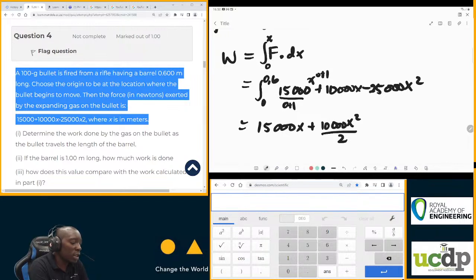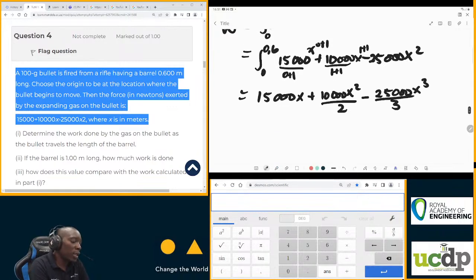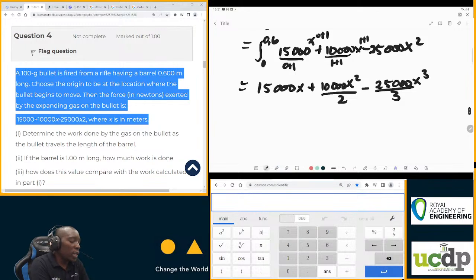So this is 15,000x. We do the same with x to the 1: we add 1 to the power and divide by the new power, 1 plus 1, so we get x to the 2 over 2. Then subtract 25,000 x to the 2 plus 1, which is 3, over 3, like that. So that's how we integrate.